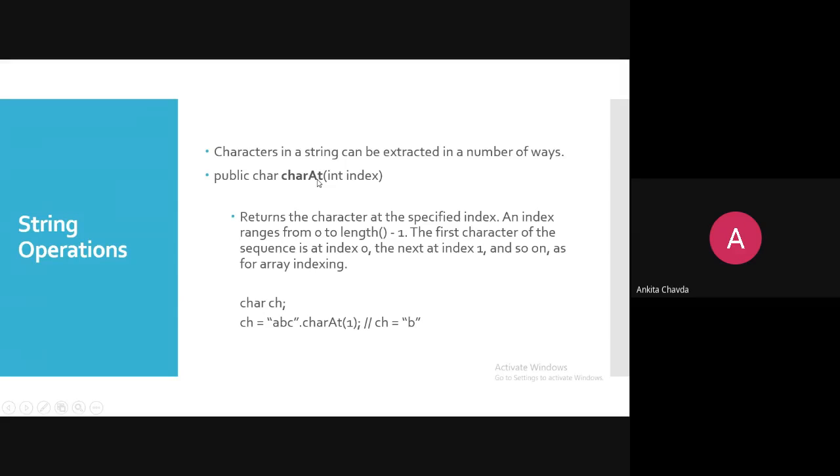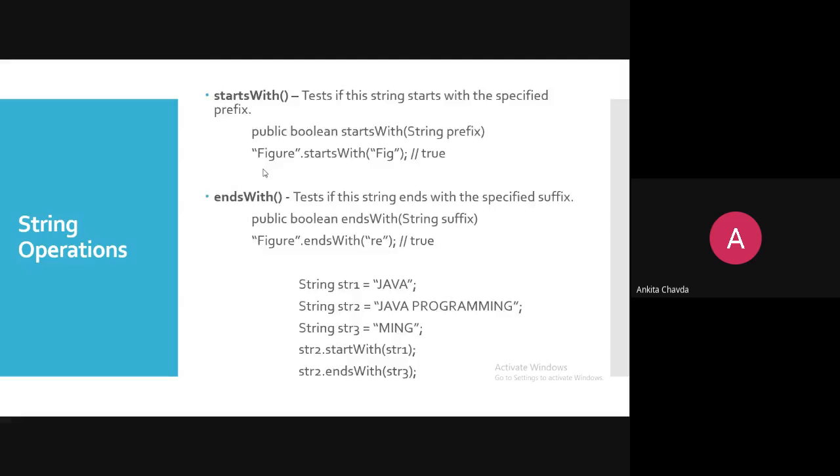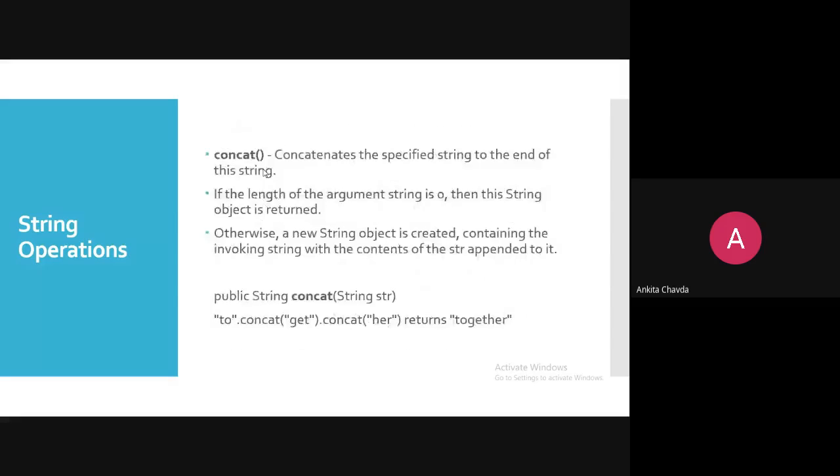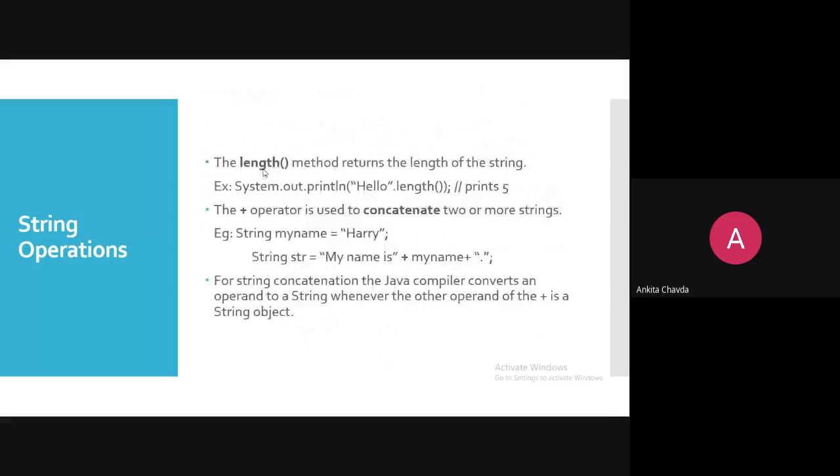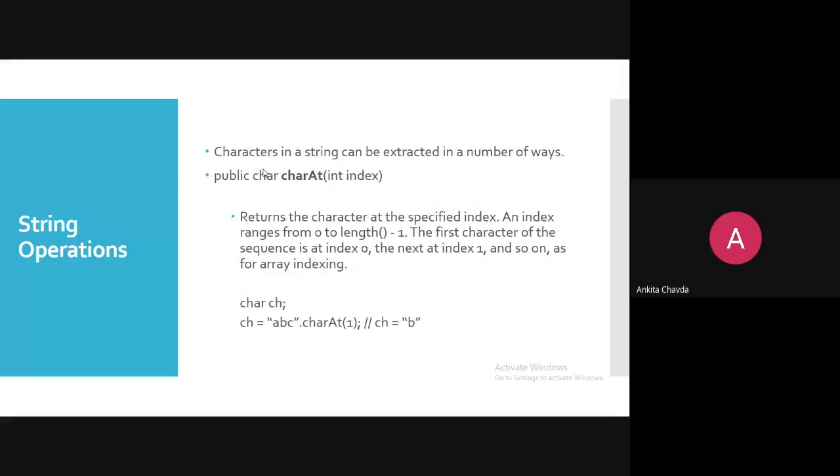I will get the character at a particular position, on the particular index. So the return type of this would be char, because we will be having so many methods, so every time you will not be able to remember the return type and all. So I am saying that you need to think in that way.